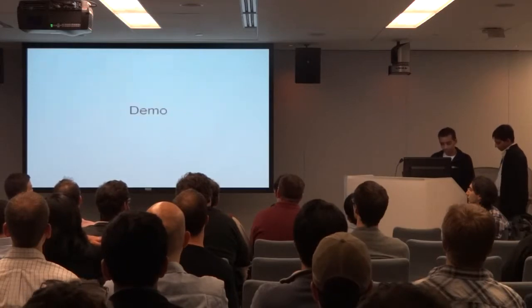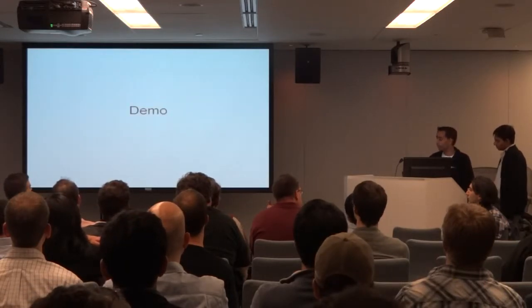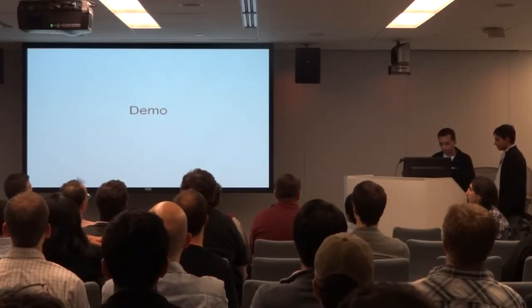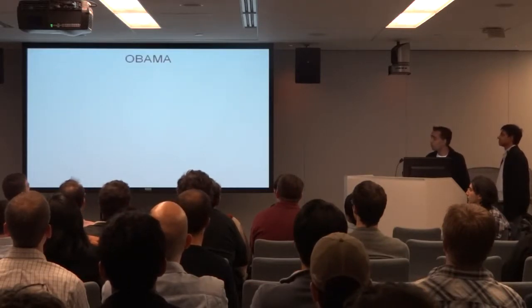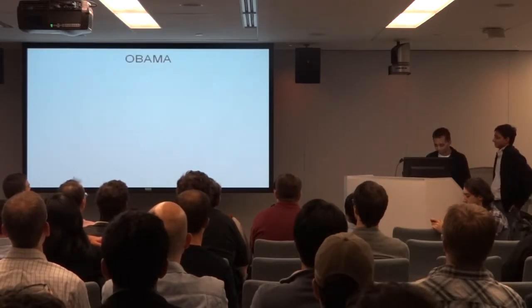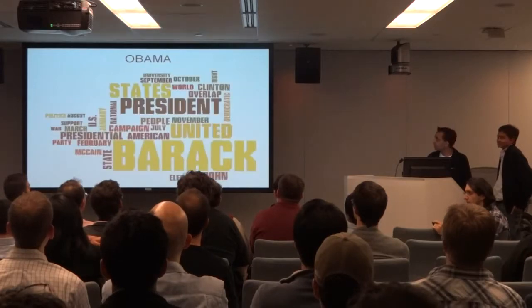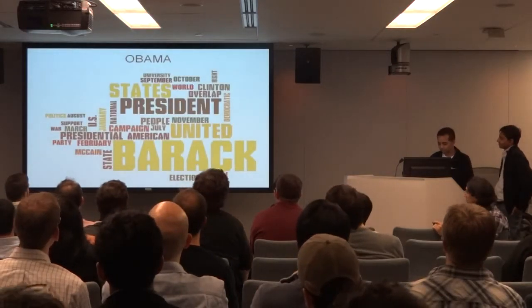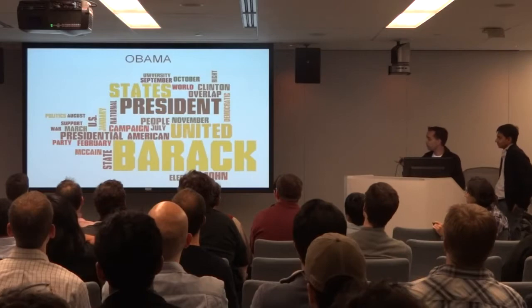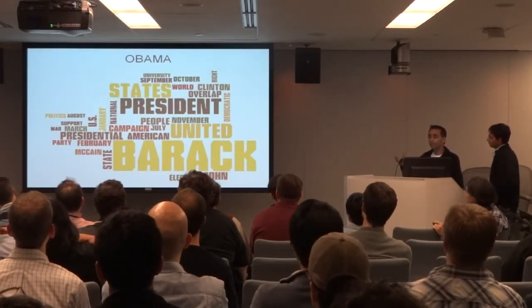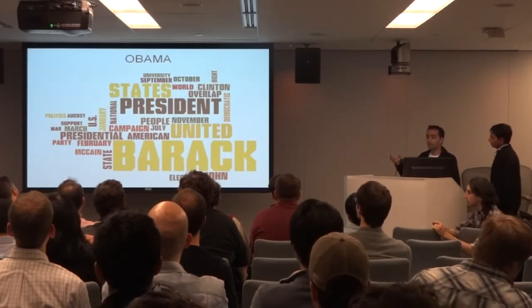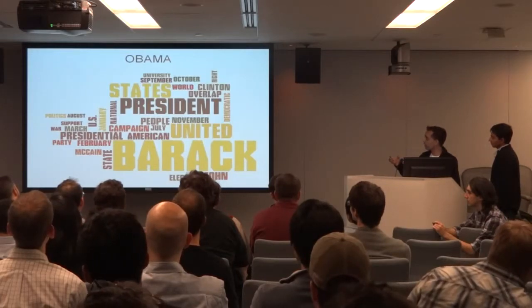So let's see a demo. It's not a live demo, but a screenshot that we took. We fed the word Obama to Wikipedia, and this is what came up. If you're familiar with the tag cloud, you know that things which have higher relative importance are shown in the bigger font size.